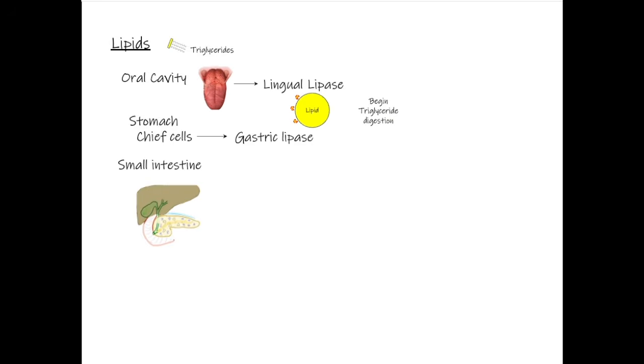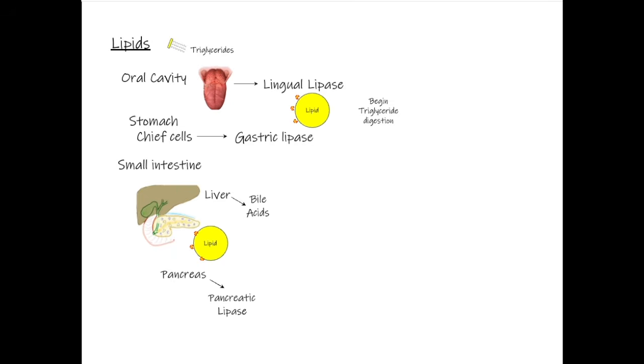When we move into the small intestine, we get additional help from the liver and the pancreas. The pancreas releases pancreatic lipase. This also acts on the surface of the fat droplets and produces primarily monoglycerides and free fatty acids. The efficiency of this process depends heavily on available surface area. This is where bile acids produced by the liver become important.